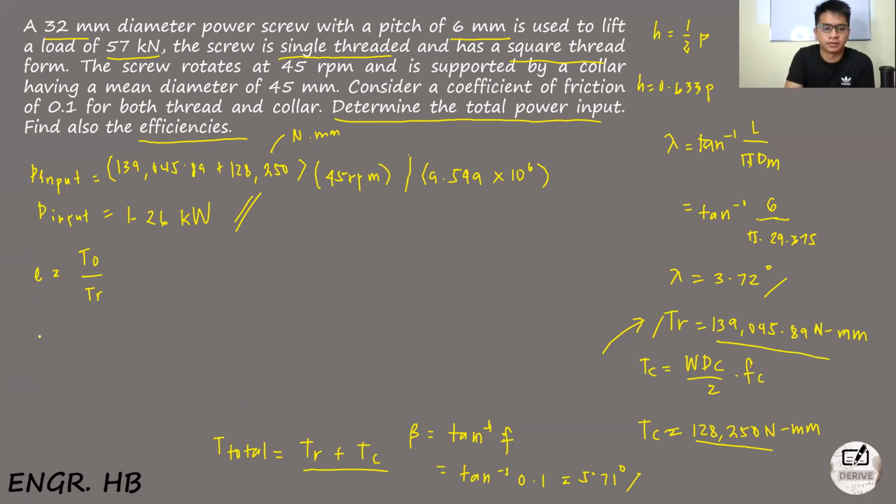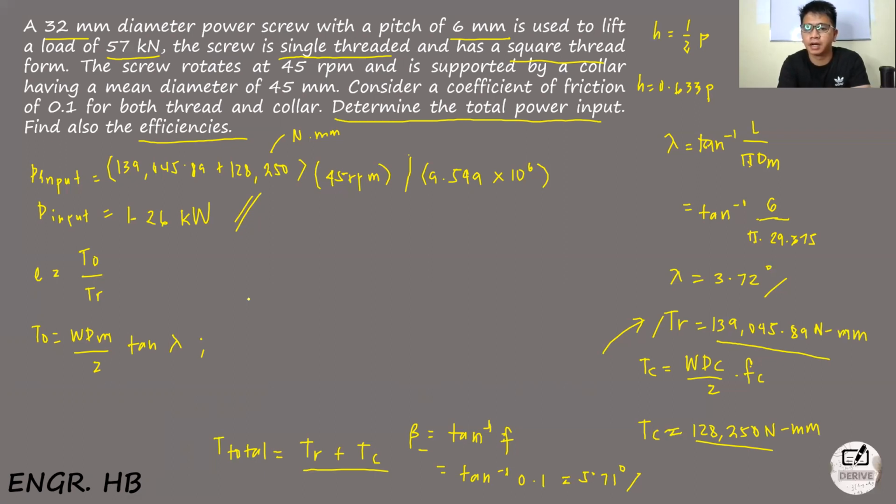So you'll know that the TO is just WDM divided by 2 times tangent lambda only. Kasi nga, sinero mo na si beta dyan eh. Kasi yan yung torque required mo, no? Para ma-neglect mo yung thread friction effect. So that will become, W mo is 57,000 times, ano yung DM mo kanina? 29.375 divided by 2 times tangent lambda.